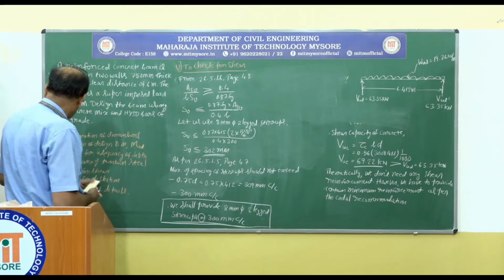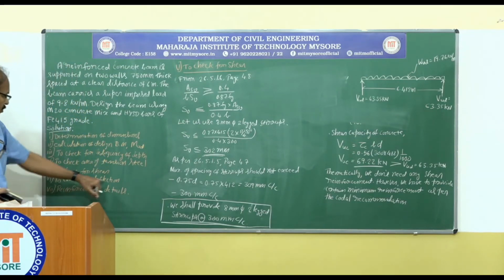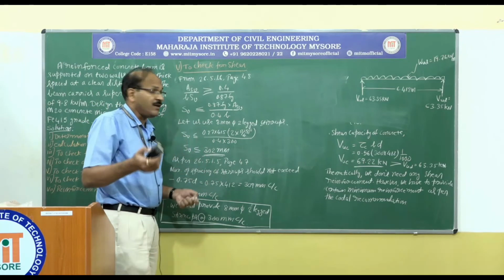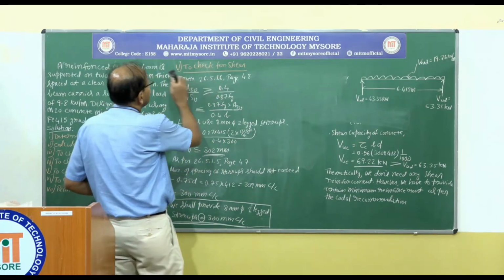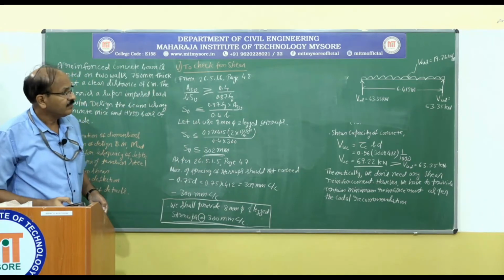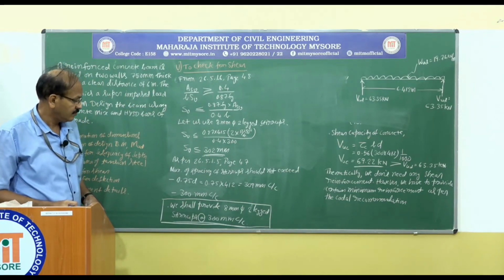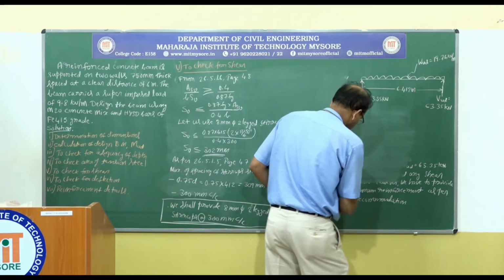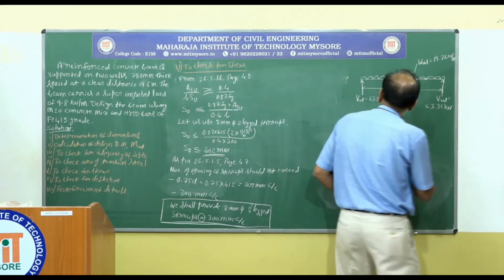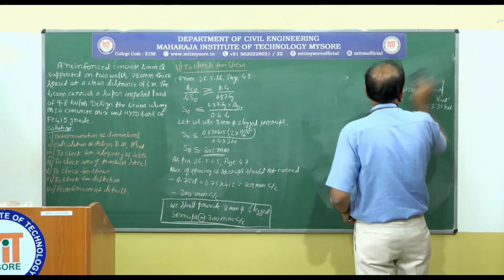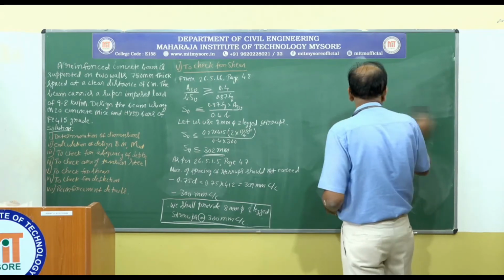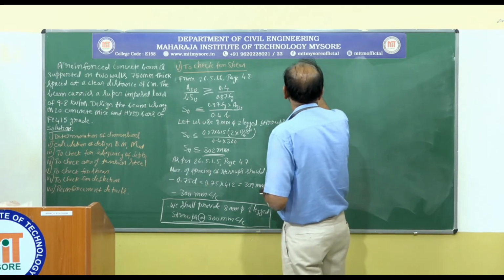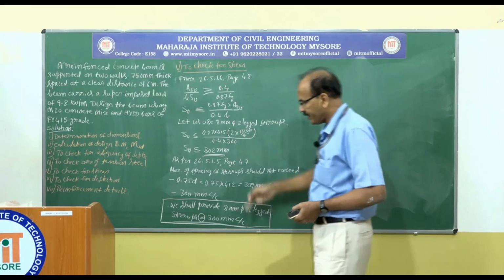Next, we'll go with the next step. What is the next one? To check for deflection. Open page number 37 and 38 for that. Please write down. The next one is, I am going to write here.